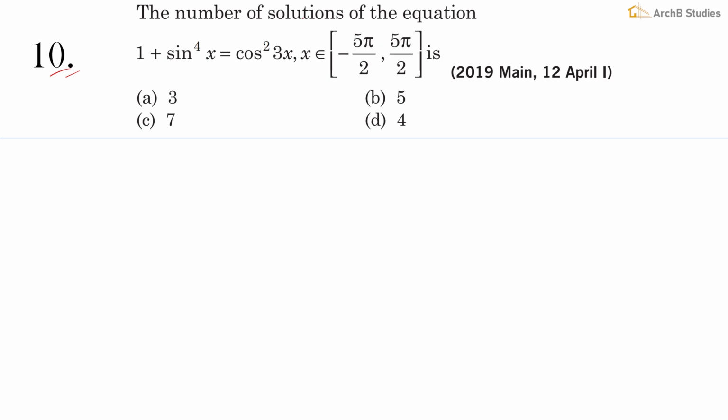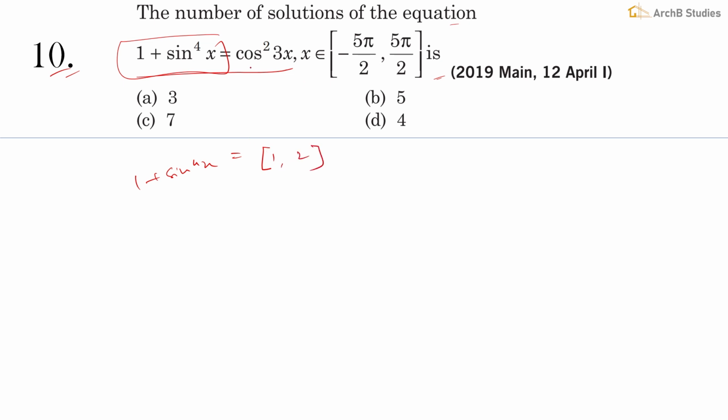10th is the number of solutions of the equation 1 plus sine to the power 4x equal to cos square 3x, where x belongs to minus 5 pi by 2 to 5 pi by 2. In this equation, the range of 1 plus sine 4x will be from 1 to 2 max.